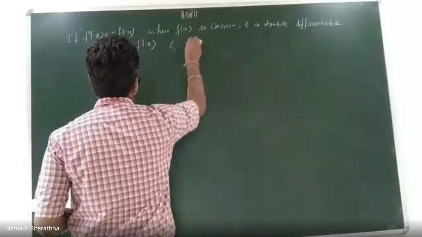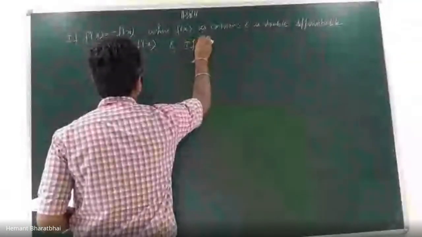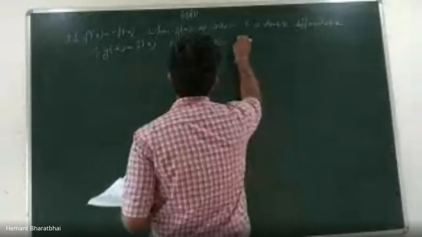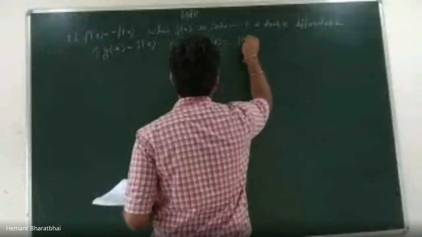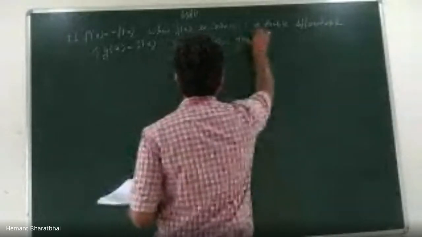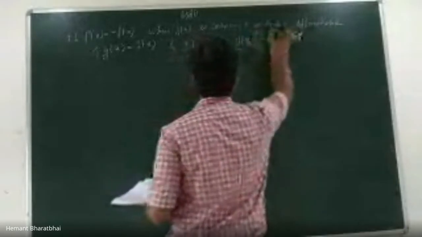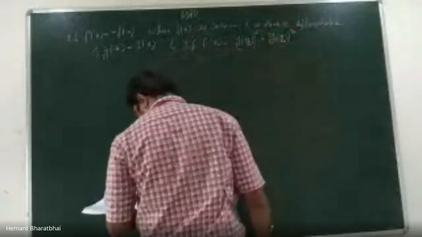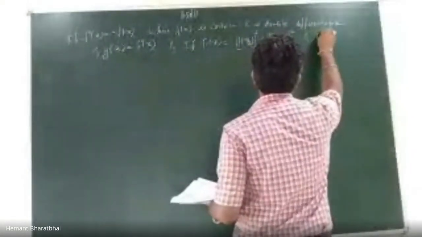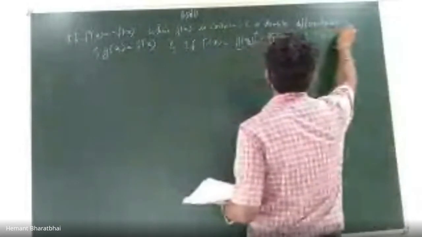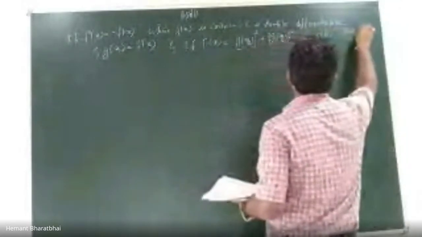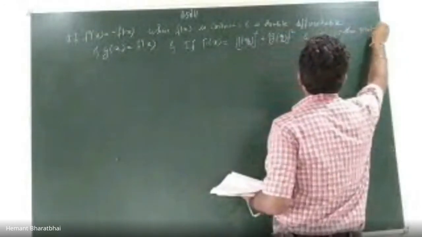and if capital F of x is equal to f of x by 2 the whole square plus g of x by 2 the whole square, and f of 5 is equal to 5, then f of 10 is how much?